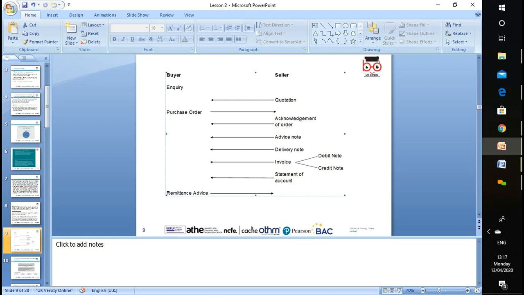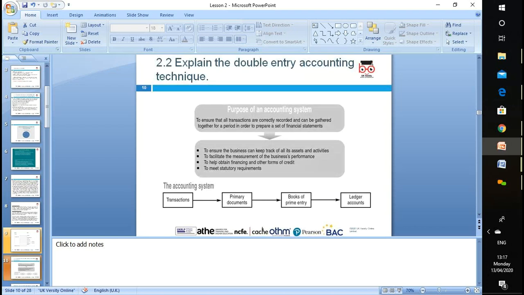So this is the process, and the bookkeeper has to record it. My purchase order needs to match the delivery note, and I need to count the goods they send me, to check they are appropriate and according to the part numbers or specification we requested.